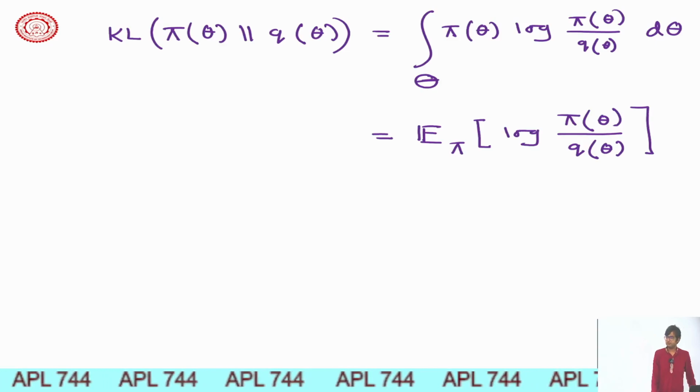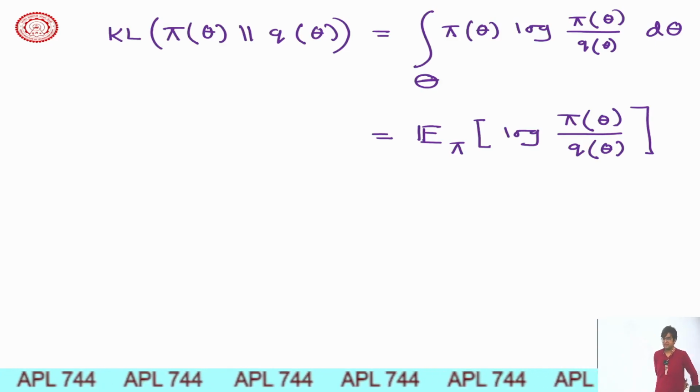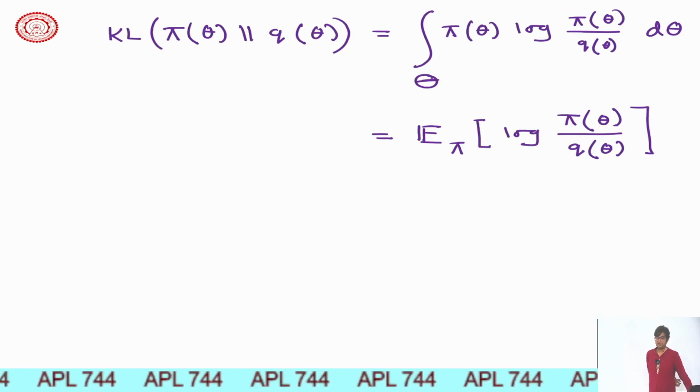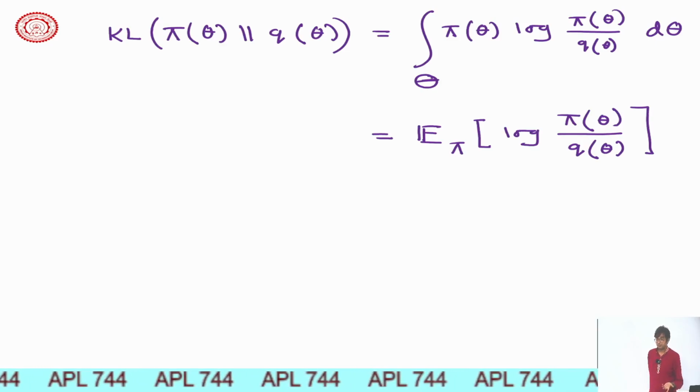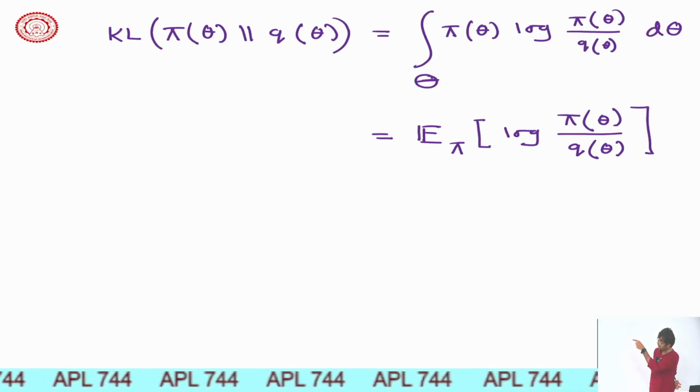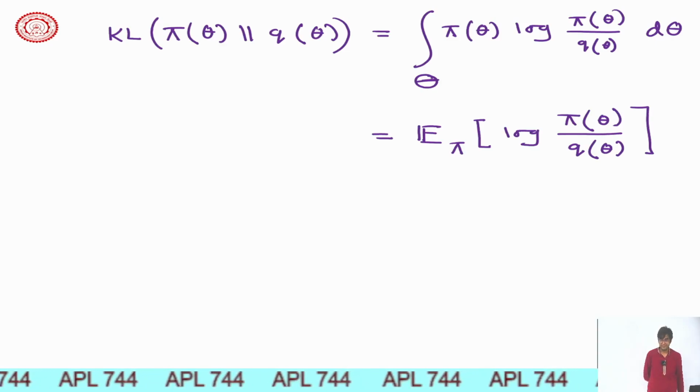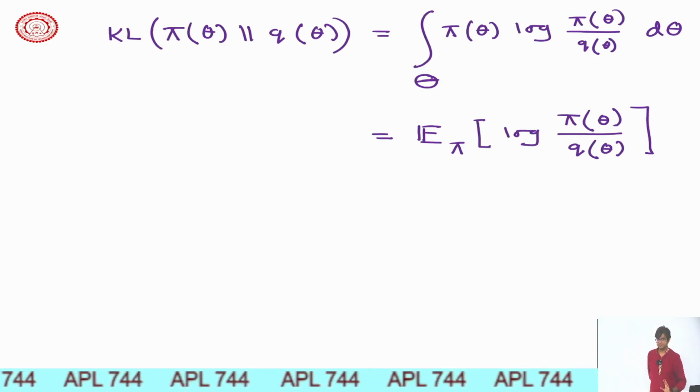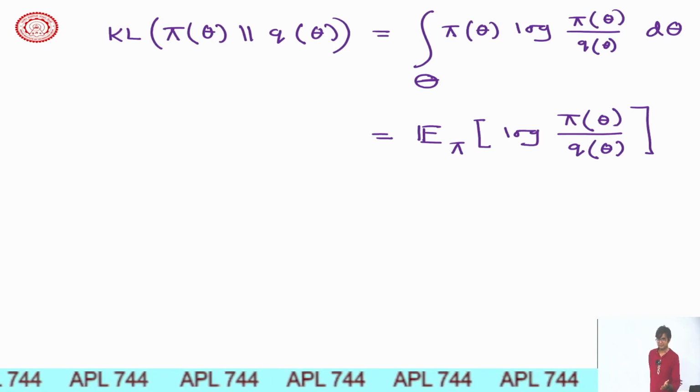For using any metric, you should be able to evaluate that metric, correct? Can you evaluate this metric? Why? Pi theta is unknown. More importantly, the expectation is with respect to pi theta, where pi theta itself is unknown. So you cannot use this.